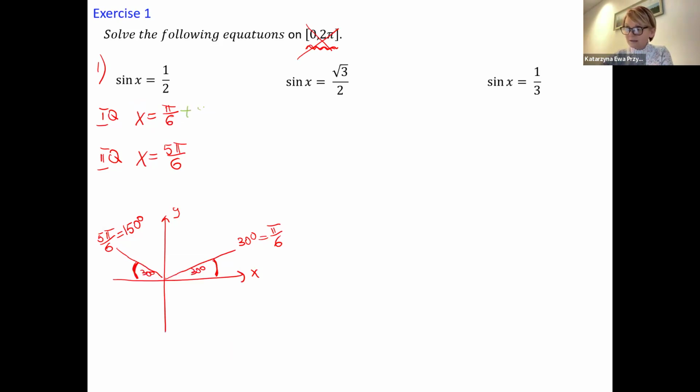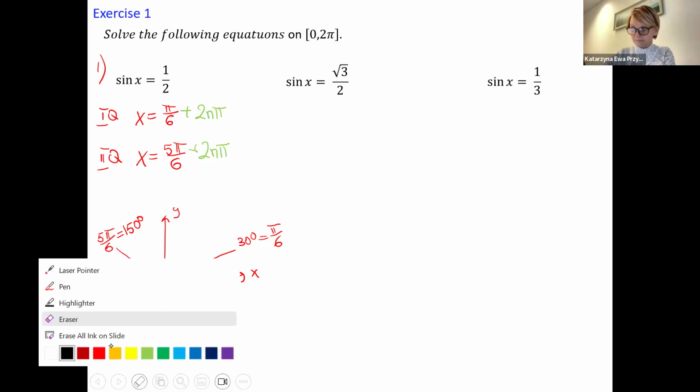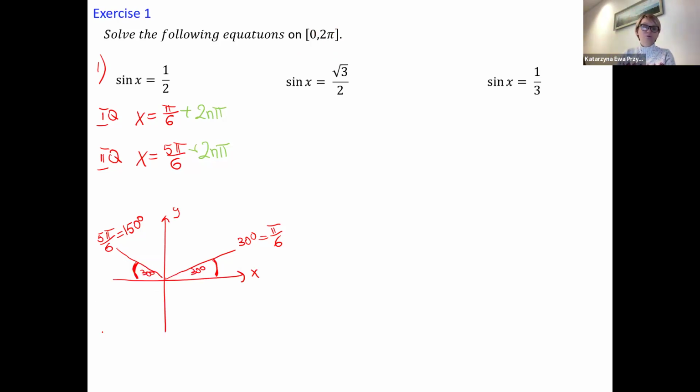We will basically add 2n pi. 2 pi, then 4 pi, then 6 pi, because every 2 pi, the situation repeats, okay? But since we have the restriction, we don't need that green part. Okay, and then we can do the other one.